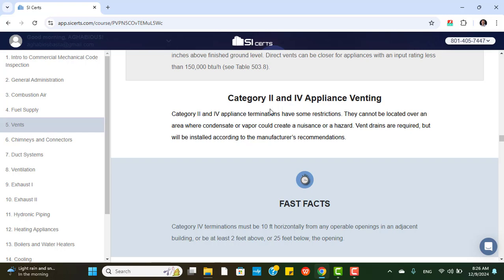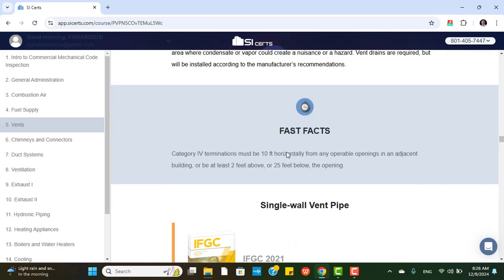Category 2 and 4 appliance vents. Category 2 and 4 appliance terminations have more restrictions. They cannot be located over an area where condensate or vapor could create a nuisance or hazard. Vent drains are required but will be installed according to the manufacturer's recommendation.